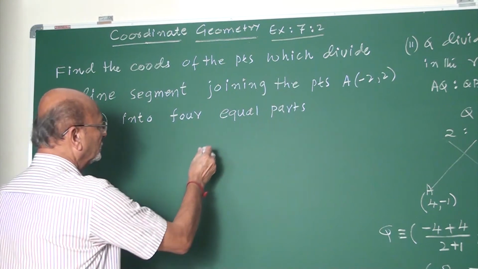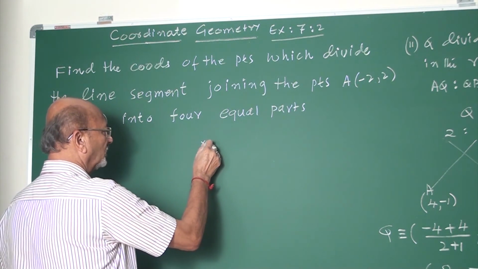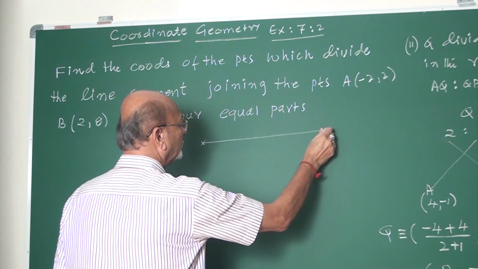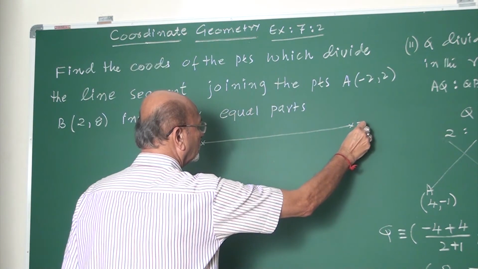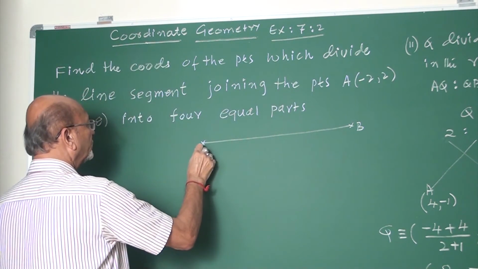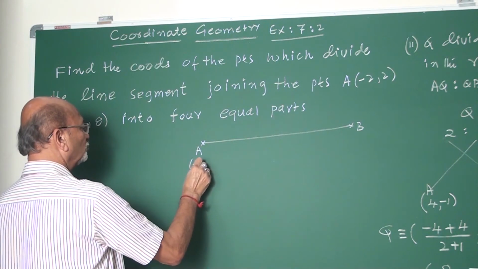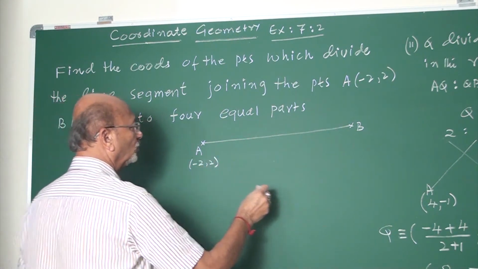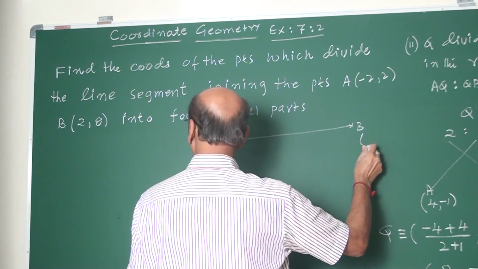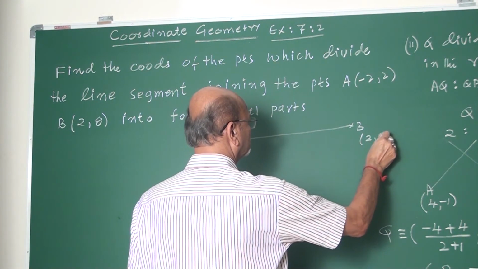Yes, my friends, here this is AB. What are the coordinates of A? Minus 2 comma 2. And B is given as 2 comma 8.